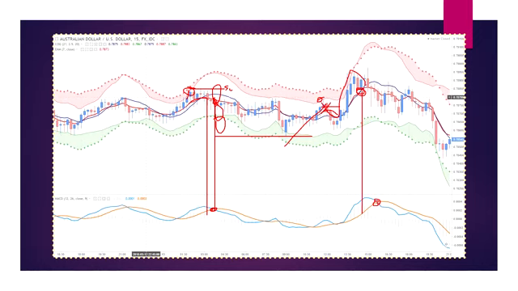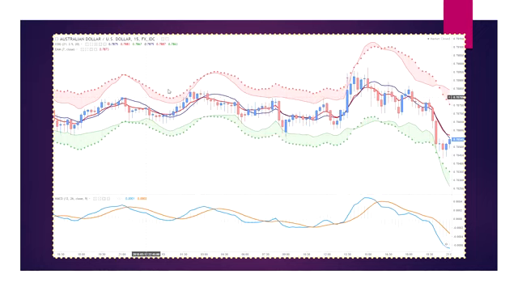For the orange line to cross above the blue one, and that happened here. So if that happened here, this is your entry point, the high is your stop loss, and 1.5 times that size would be your take profit.